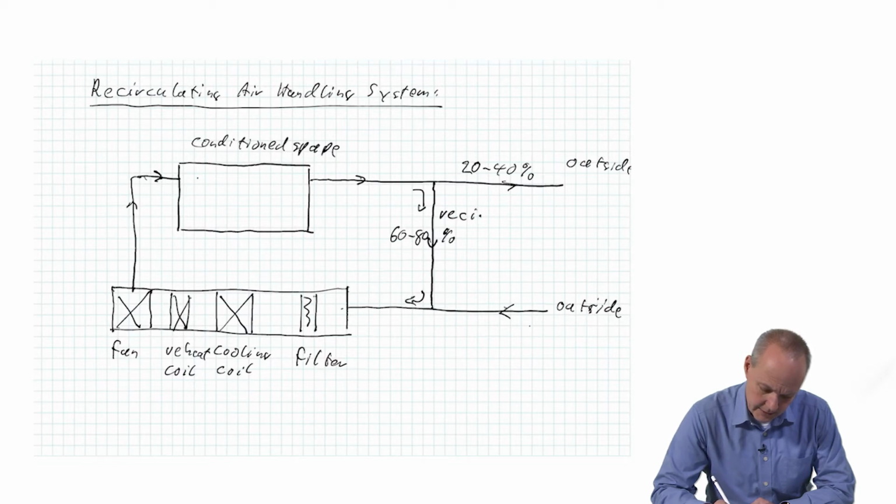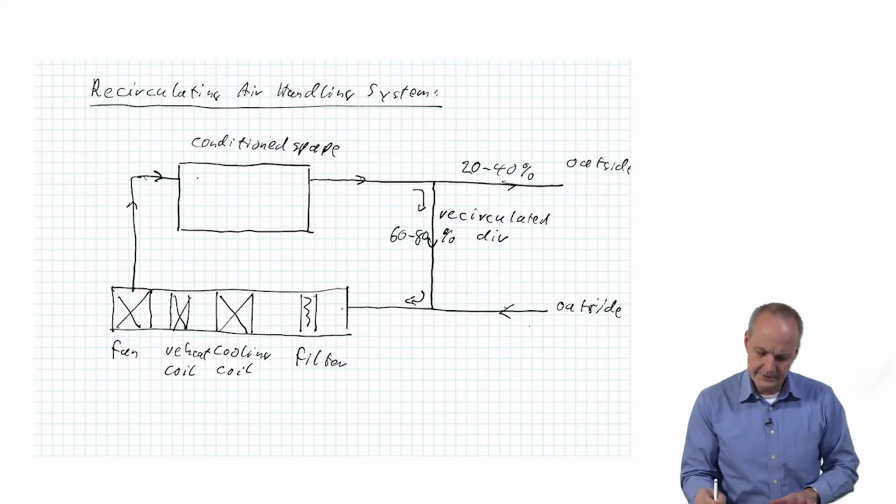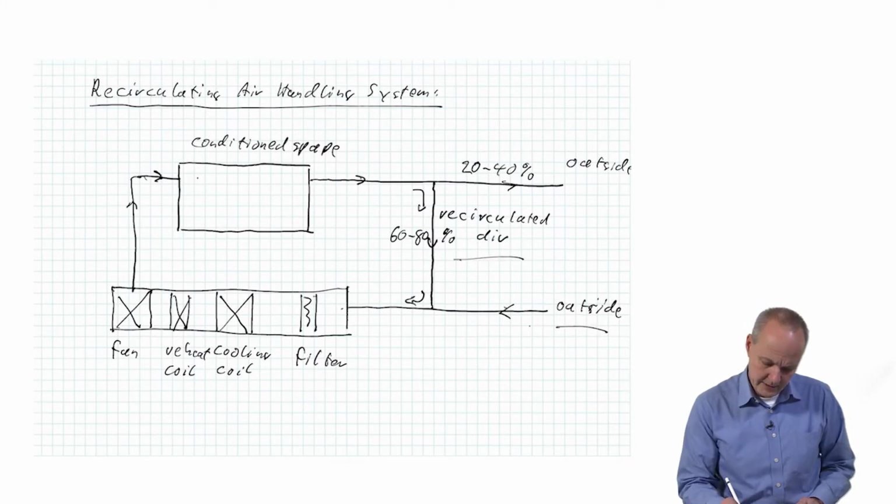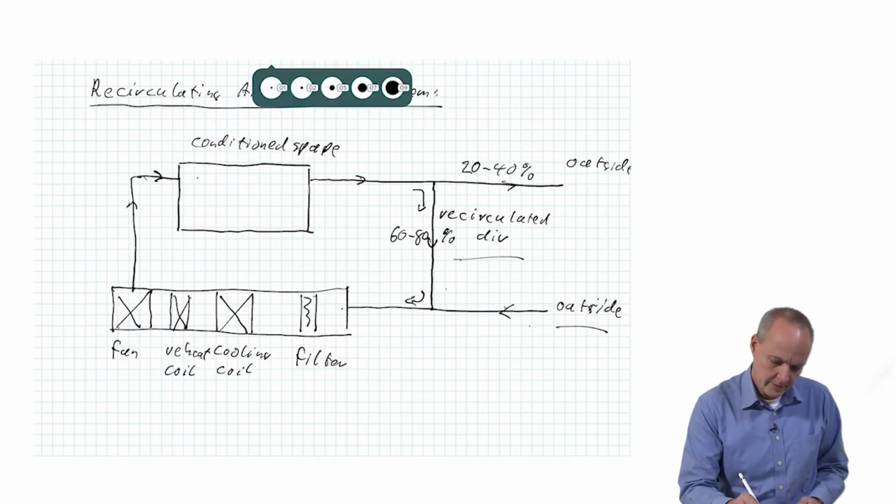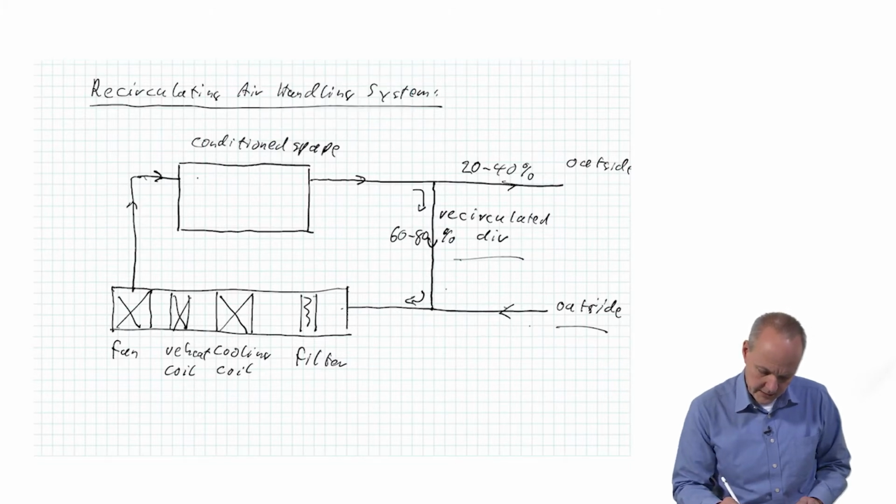So we have the recirculated air here and outside air here, and we're bringing them together at this point. And well, I think you get the idea. So we're bringing it together right here.